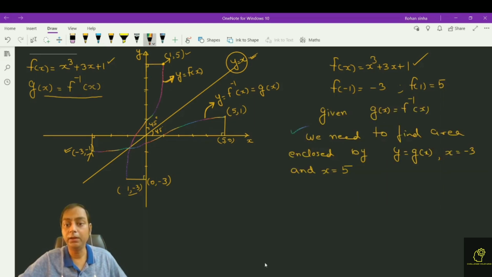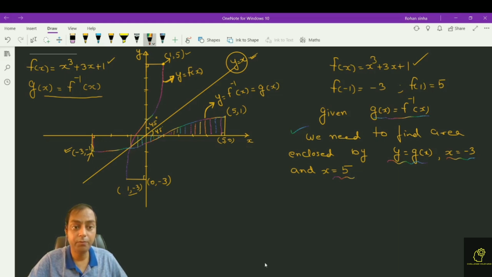We need to find the area enclosed by y = g(x), x = -3 and x = 5. What is g(x) here? g(x) is the inverse of f(x). So graphically we need to find this shaded area.